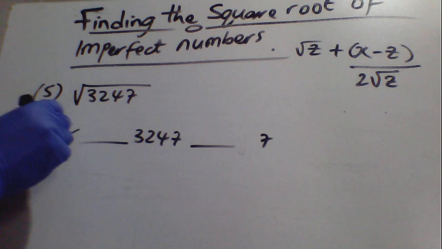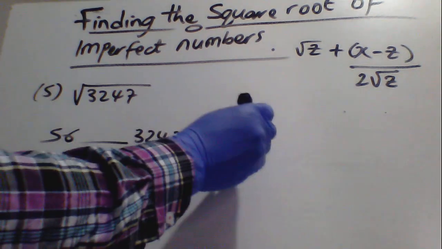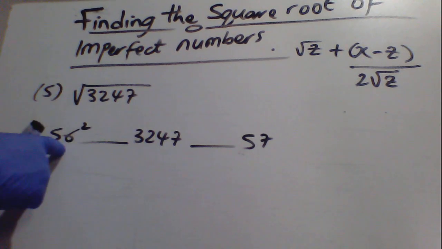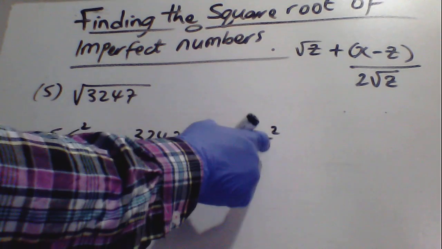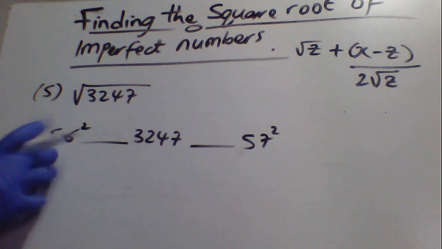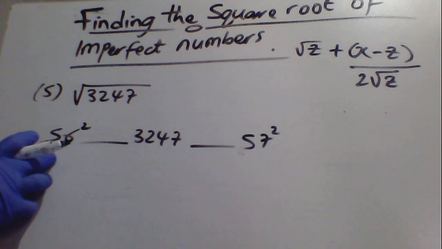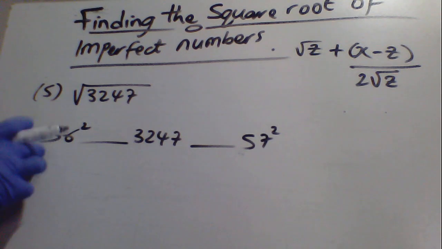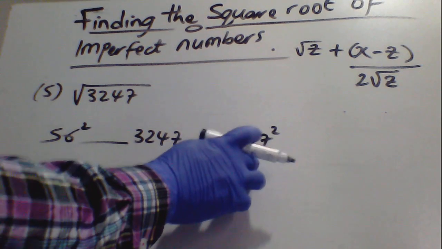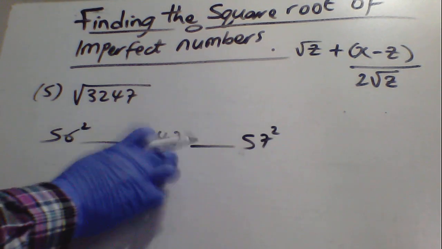So here we can have 5 for here and 5 there. If you check, the square of 56 and the square of 57 are the lower limit perfect number that will give us a perfect square, and the upper limit perfect number that will give us a perfect square, in which 3247 is in between.